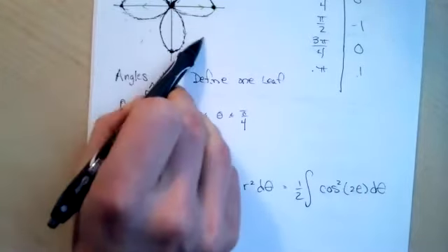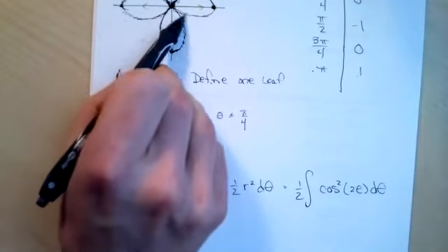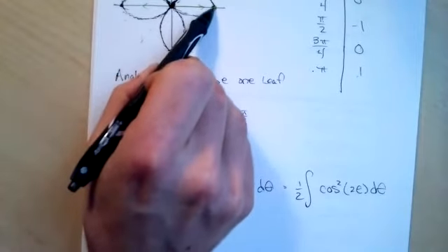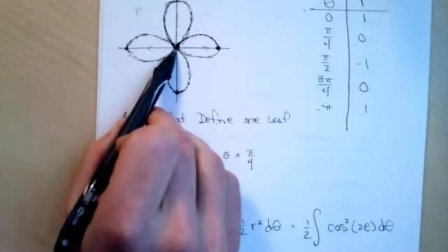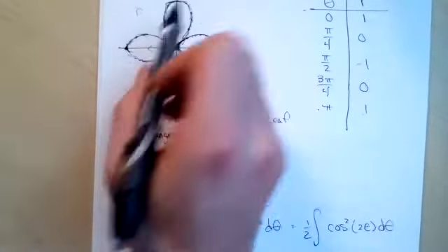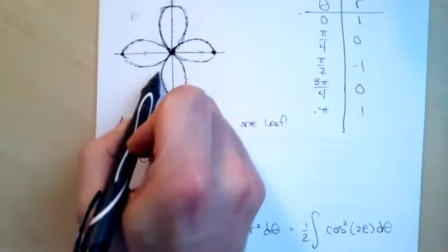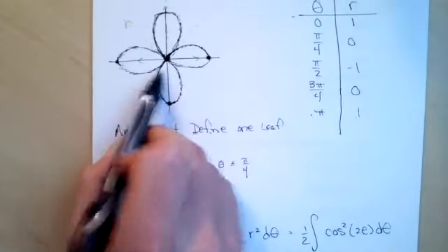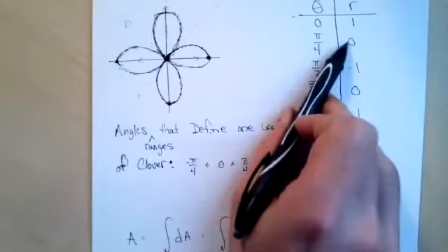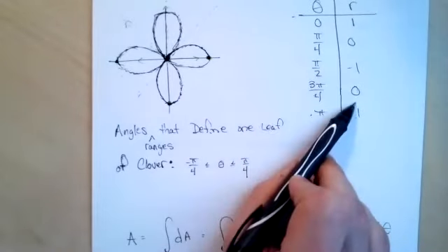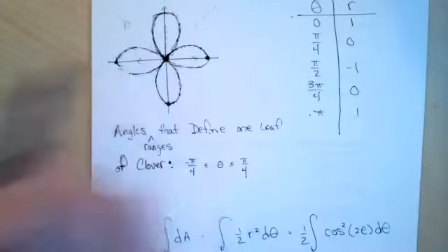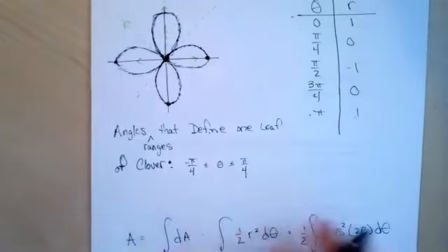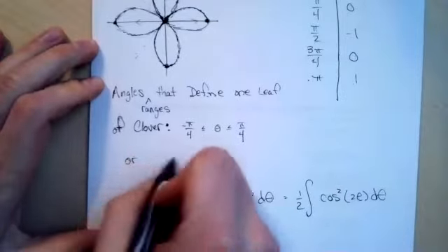That would start when we're pointing downward here and coming this way around through 0 and then up to pi over 4. You could pick any other range as well. You could go from pi over 4 to 3 pi over 4; essentially any consecutive values that go from the 0 back to the 0 would work. Or we could just double the integral.